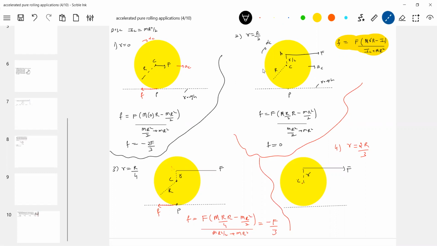Yes, anybody? Value? Negative or positive first? Friction force will be positive. Anybody value? F by 9.